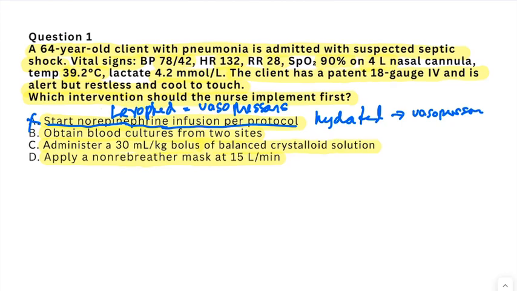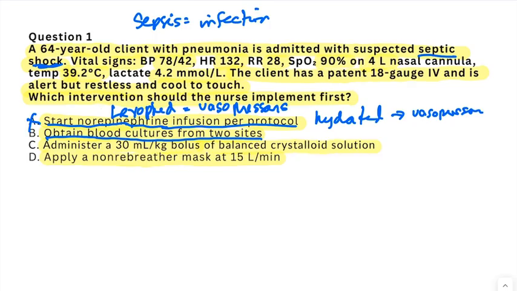Now, choice letter B says obtain blood cultures from 2 sites. So this is, in a sense, one of the interventions that you're going to expect with patients who have septic shock, right? Because the reason why they have sepsis is because of infection. And in order for us to determine what antibiotics to use for that bacteria, we need to do a blood culture.